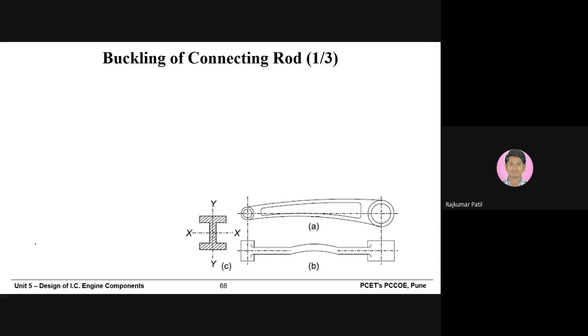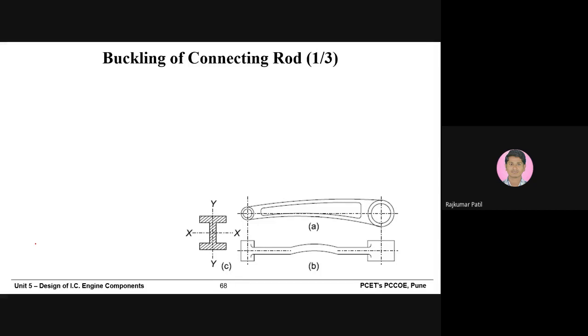The design of the connecting rod is a very critical part because on one side there is a continuously fluctuating force applied due to combustion of fuel inside the combustion chamber, and at the other end it has to transmit that force to the crankshaft.